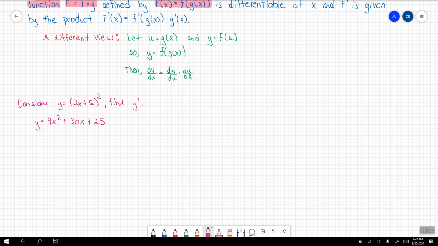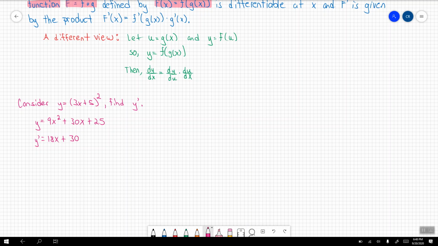And now since that binomial is in polynomial form, we can then just take the derivative term by term, applying all the rules that we've learned so far, which means that y prime would be 18x plus 30, and then the derivative of 25 would just be 0. So looking at this derivative, wow, that derivative is nice.